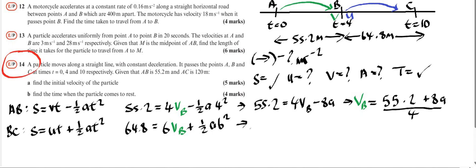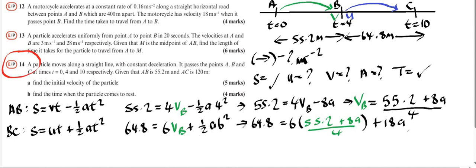So let's substitute in my VB. 64.8 equals 6 times my VB, which is 55.2 plus 8a over 4, and then add on 6 squared, which is 36, half of that, 18, so I'm going to add 18a.